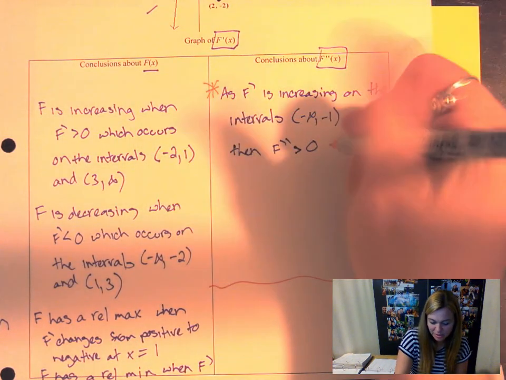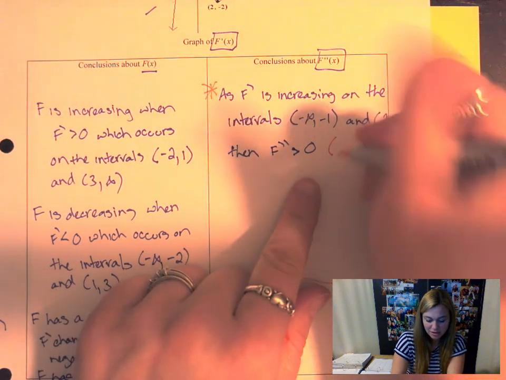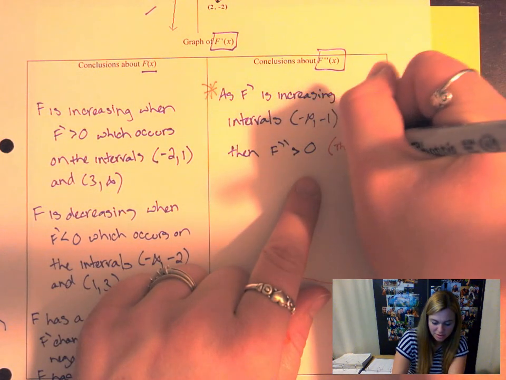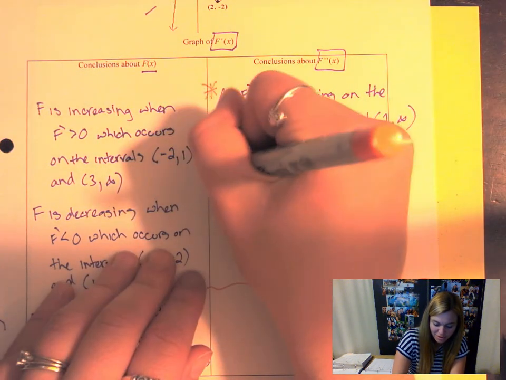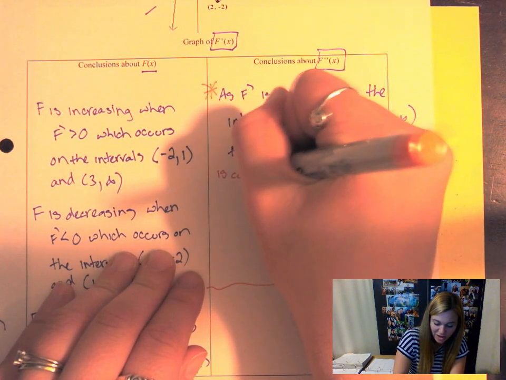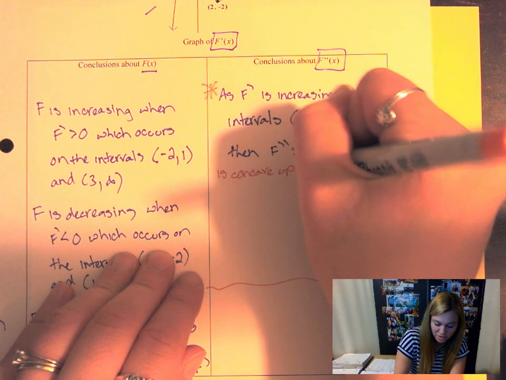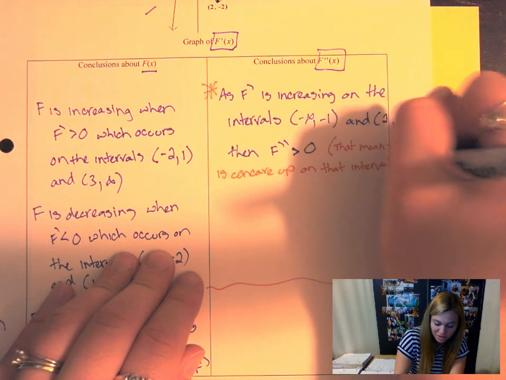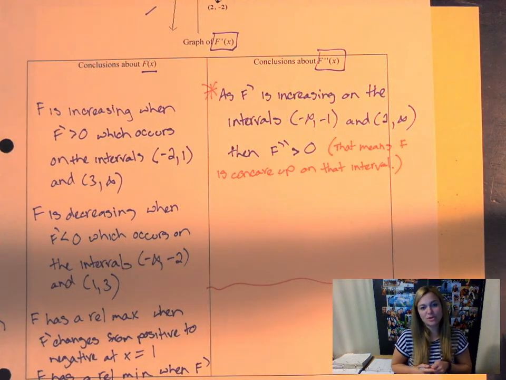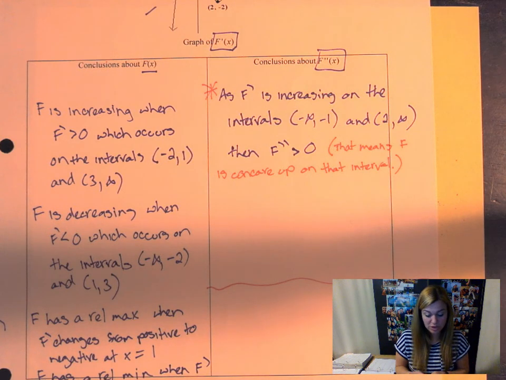Well, I'll put it in parentheses so we can see it here. That means f is concave up on that interval. So we actually know more information because we know f double prime is greater than 0. So when we have the graph of f prime, we can learn all sorts of things, which is pretty great.